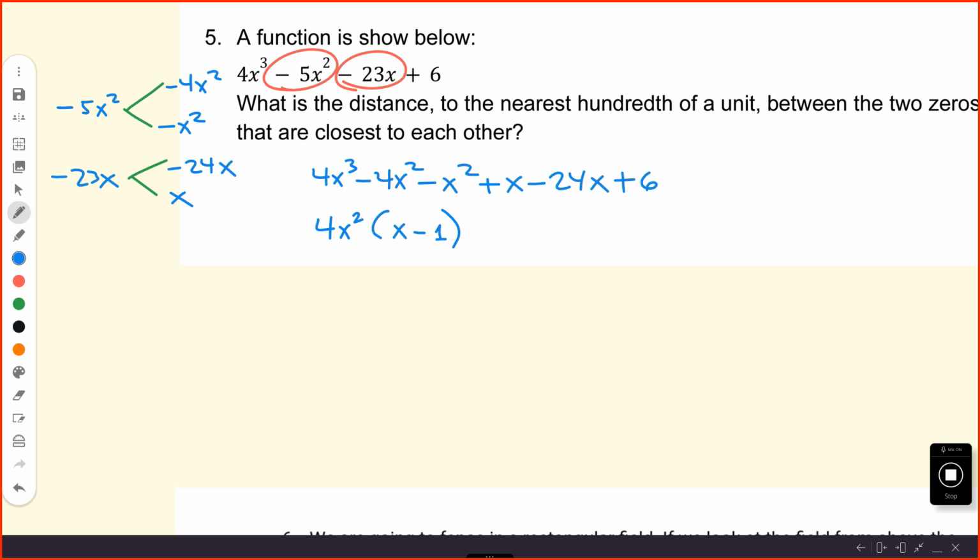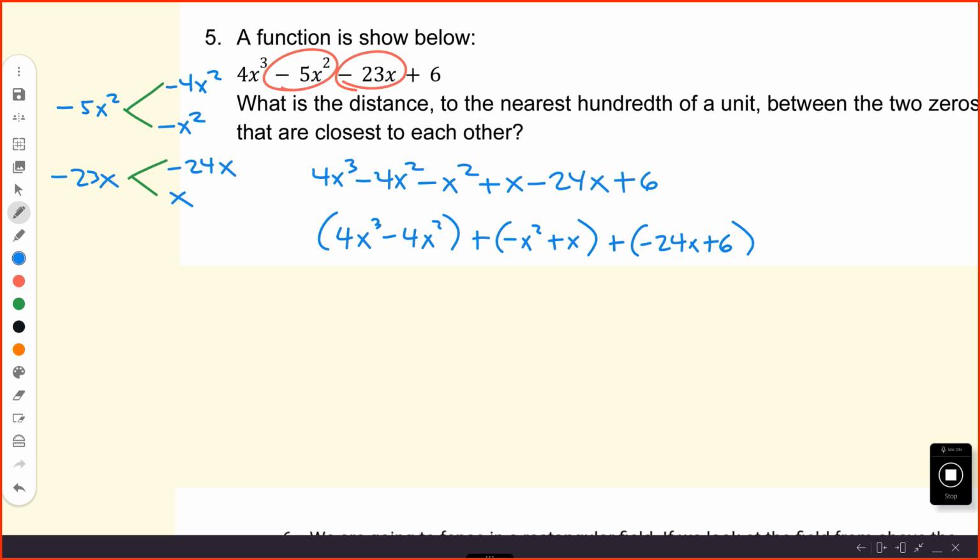Now let me just show the part where I break this into 3 groups. It's easier to look at. Some of you are just looking at the equation without seeing it broken up: 4x cubed minus 4x squared, plus negative x squared plus x, plus negative 24x plus 6. So we have 3 groups, and from there we can try to take out the common factor.